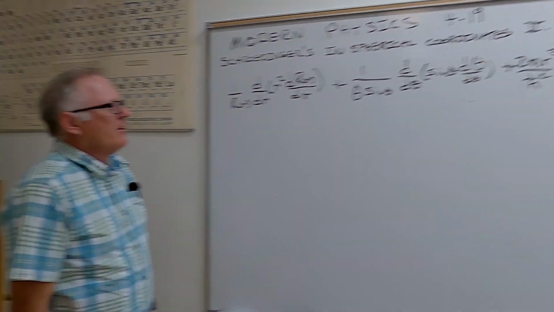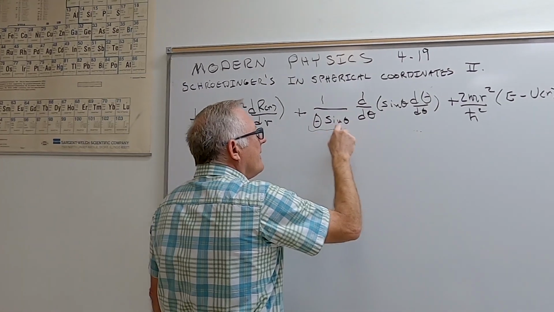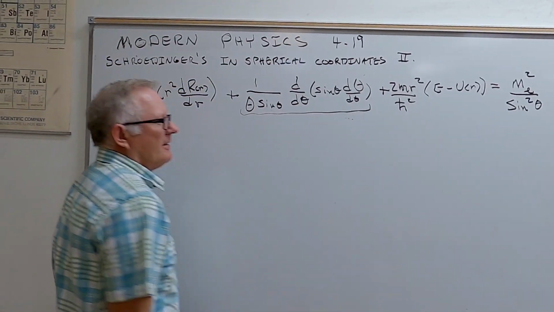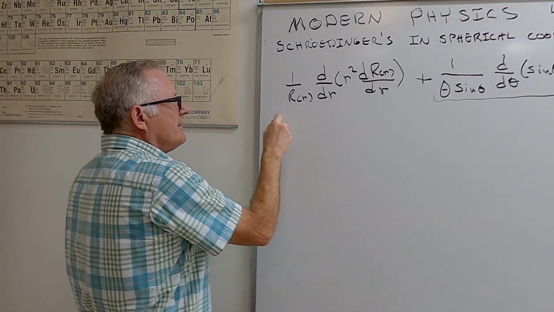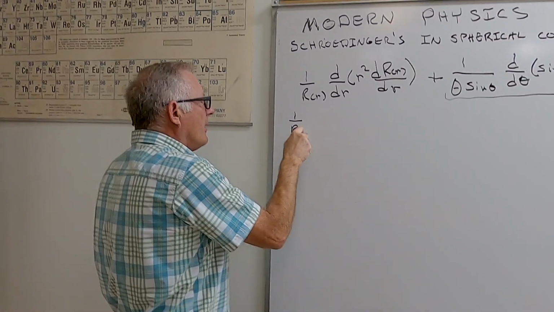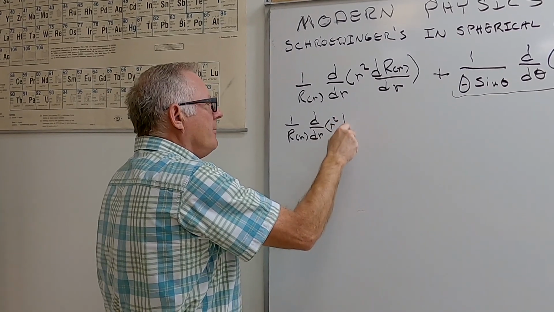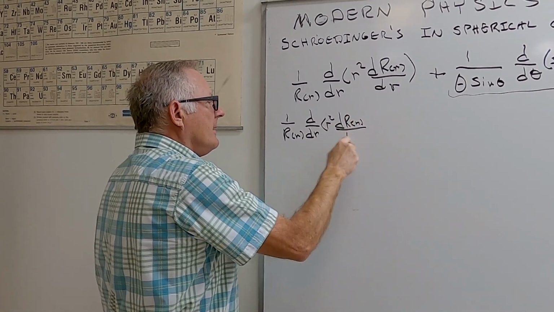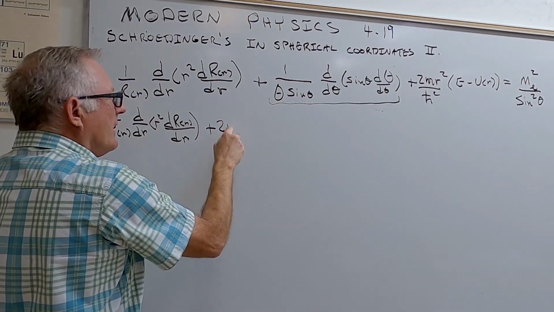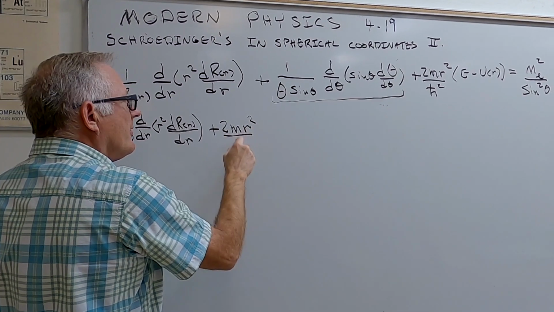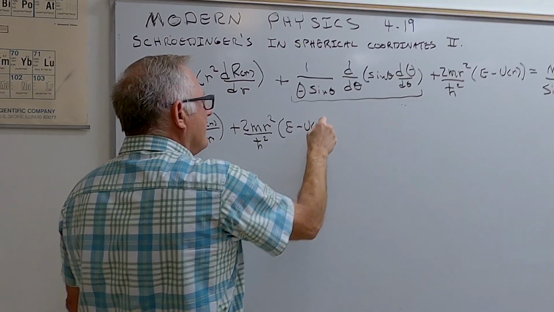Now what I'm going to do is put this term right here on the other side. If I just put that term on the other side, this side still is going to be 1 over R, d dr of R squared d big R dr, and then we have that last term plus 2mr squared all over h bar squared, E minus U sub r.